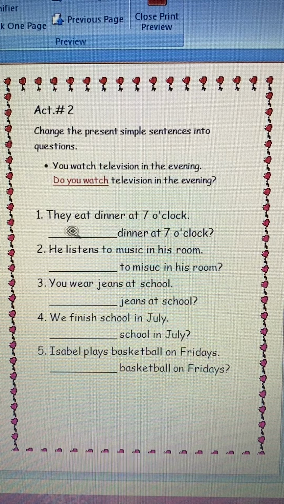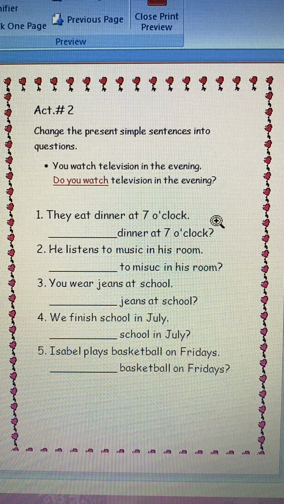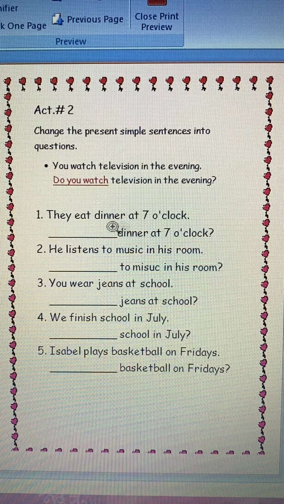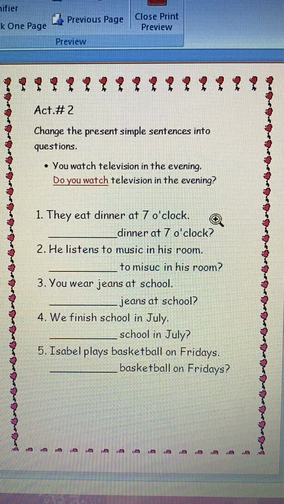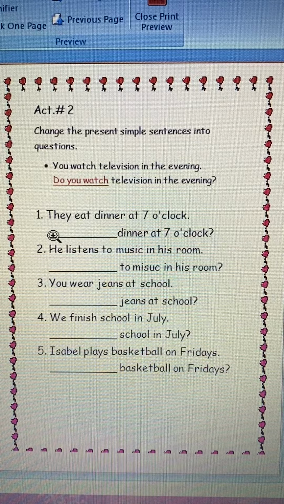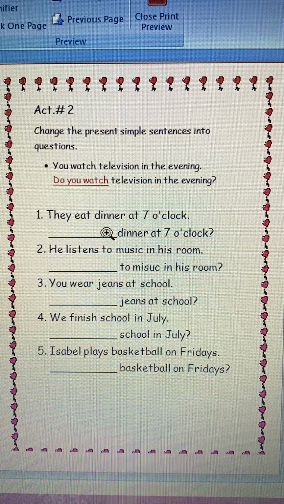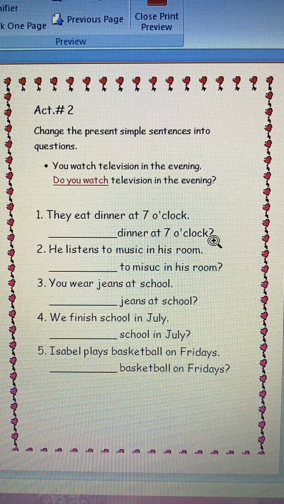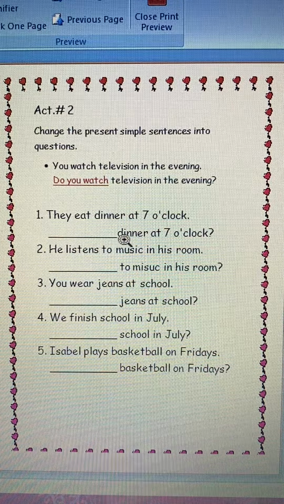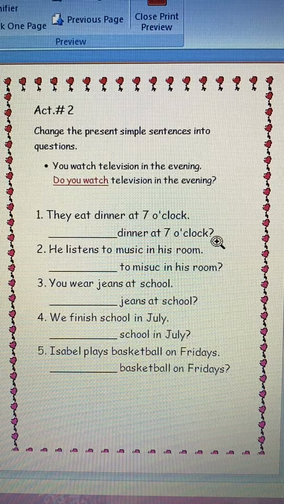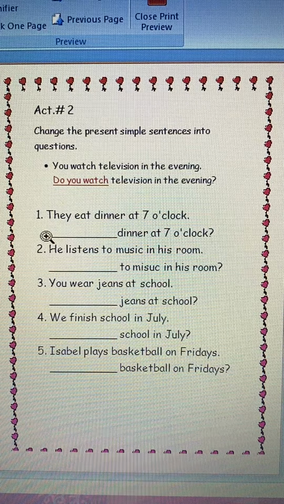Number 1, they eat dinner at 7 o'clock. Do they eat dinner at 7 o'clock? You have to use do.